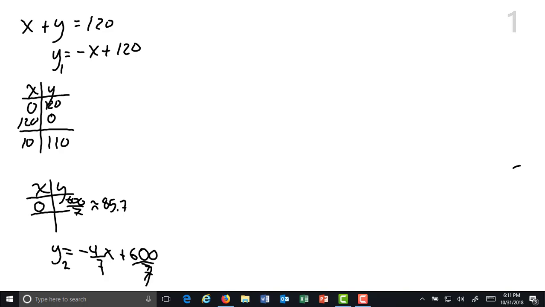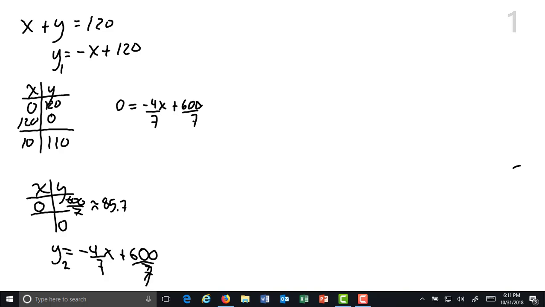Anyhow, over here now I'm going to set y equals 0. So now I have 0 equals minus 4/7 x plus 600 over 7. Seems pretty clear that we can clear out the 7 by multiplying both sides by 7.